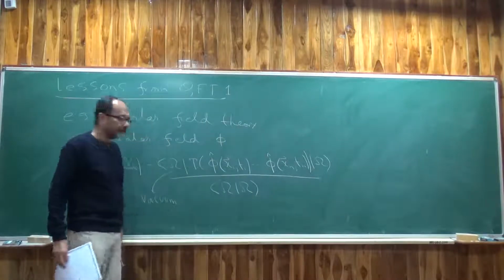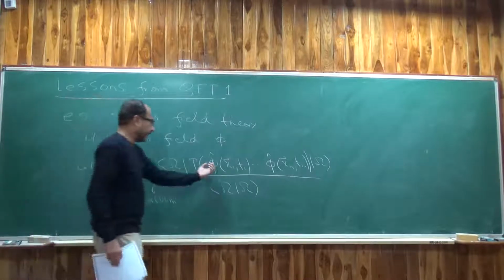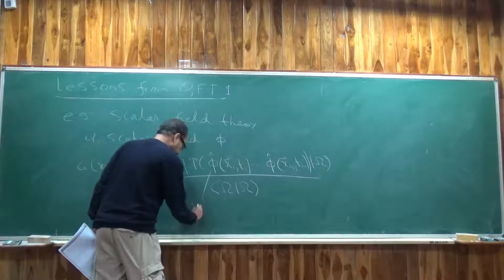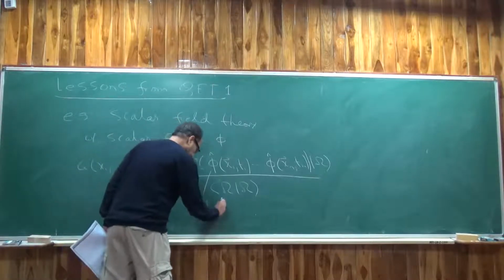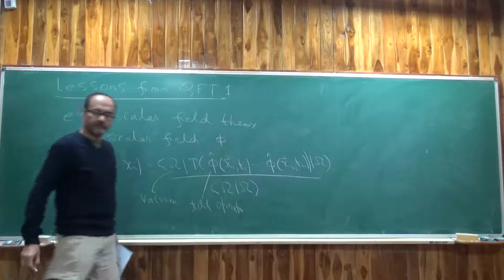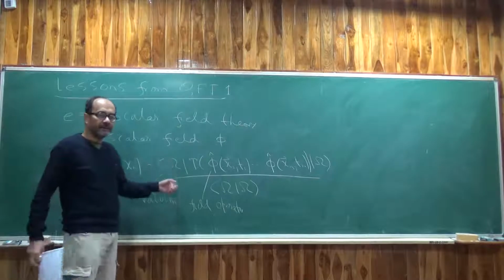Okay, that's how you define time ordered product. And this phi hat is a field operator. This is a field operator. Is this notation familiar to everybody?